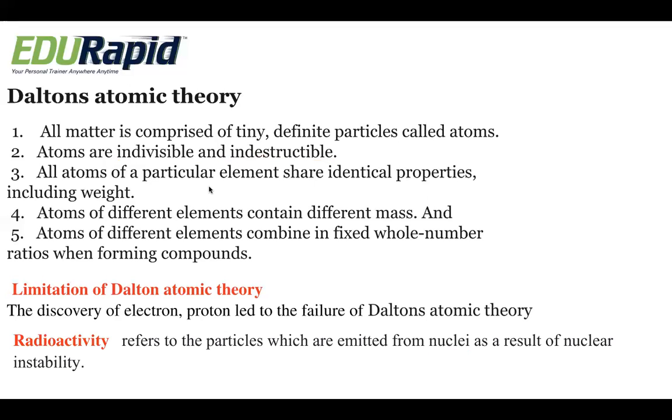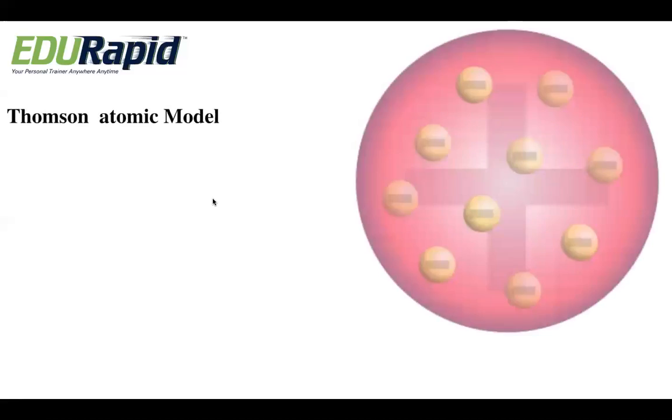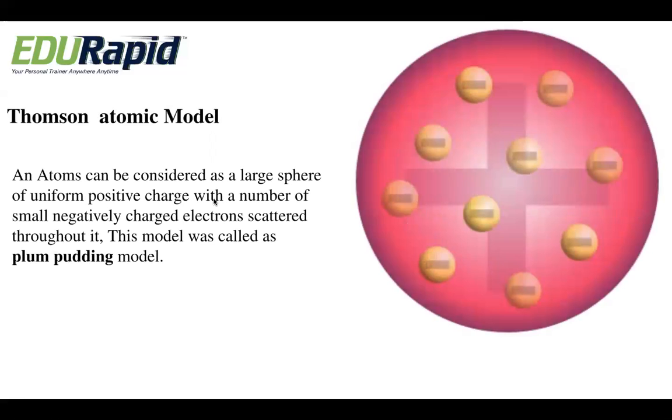After his theory, the next great scientist came forward with his specific atomic model, that is J.J. Thomson. He put forth his theory. He explained that an atom can be considered as a large sphere of uniform positive charge with a number of small negatively charged electrons scattered throughout it.